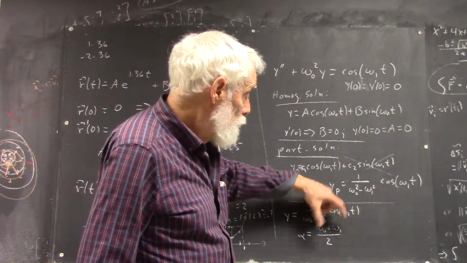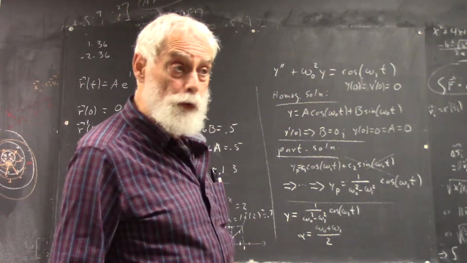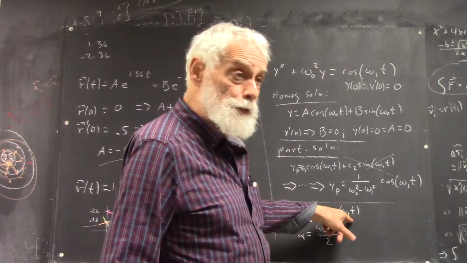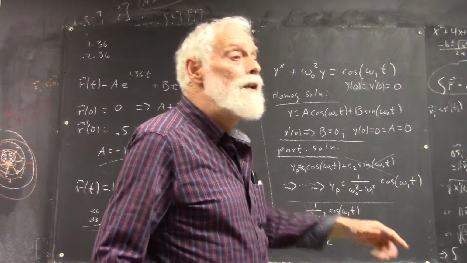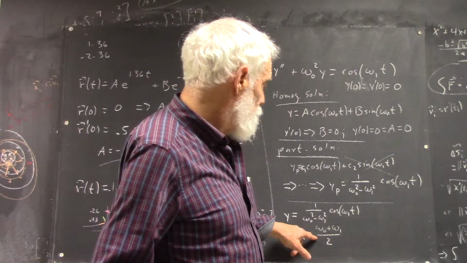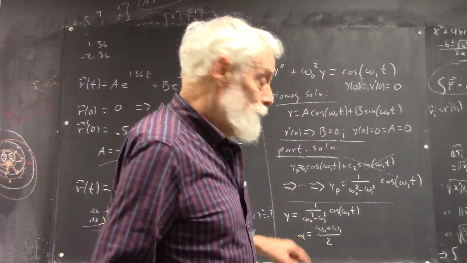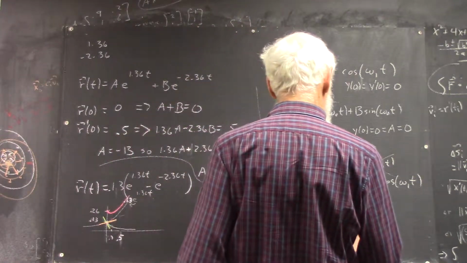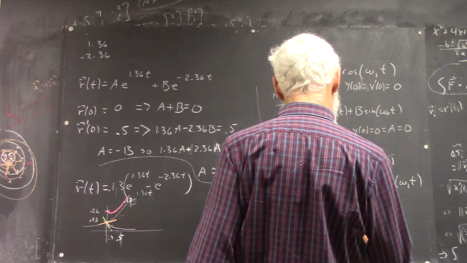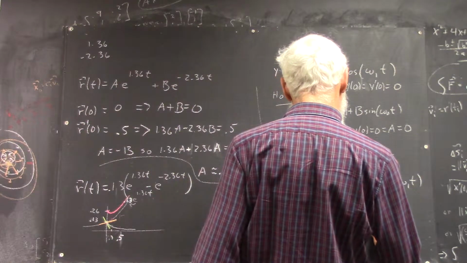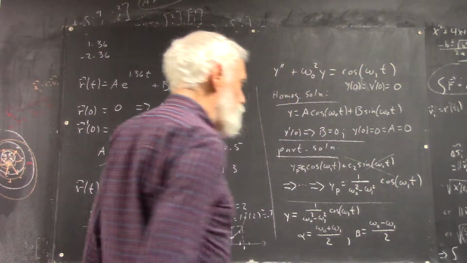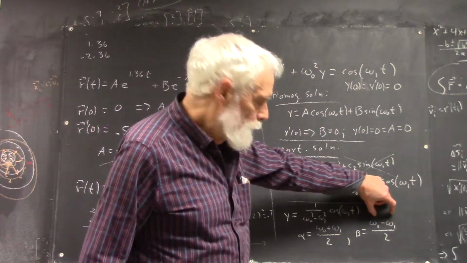So we're going to use a sum of angles formula, okay, and decompose this into oscillations at this frequency, and oscillations at frequency beta equals half the difference of these frequencies.